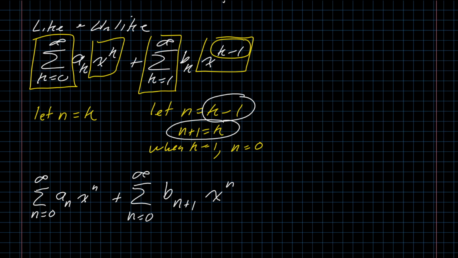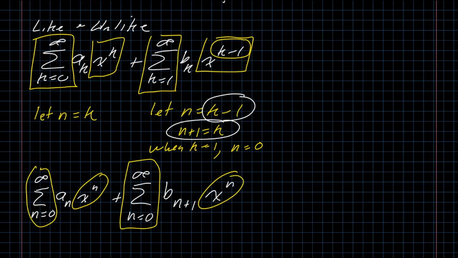By doing this change of variables, essentially using substitution, we now have the same summand in both of these, and we have the same variable factor in both of these. And now that we have it in that form, we can in fact combine like terms. This is going to be the sum, n goes from 0 to infinity, of (a_n plus b_{n+1}) x to the n.